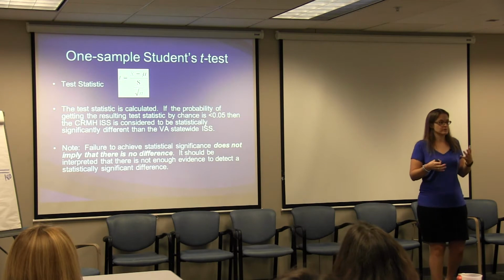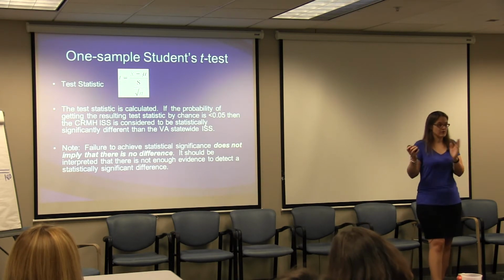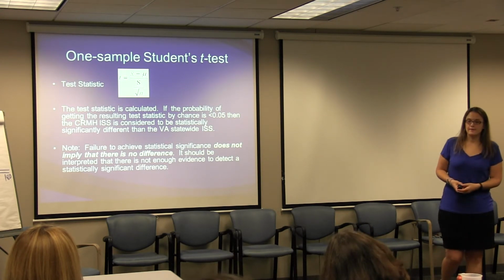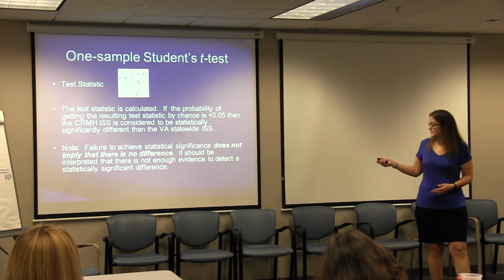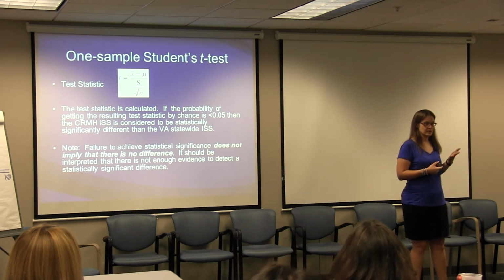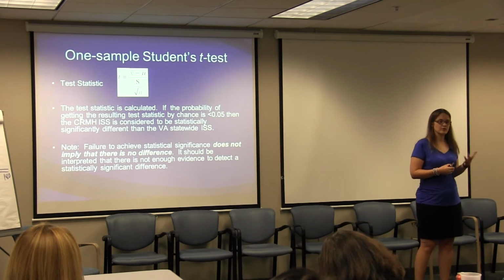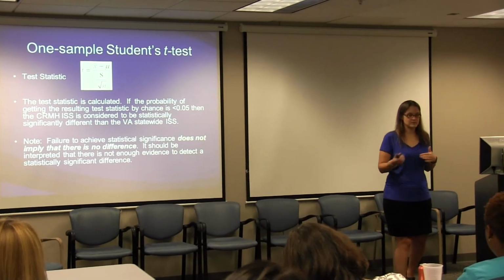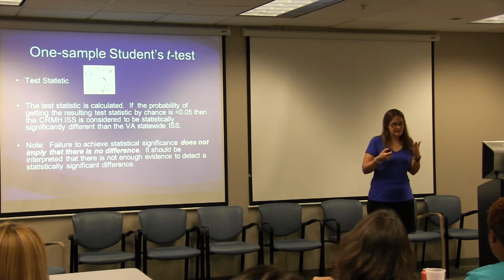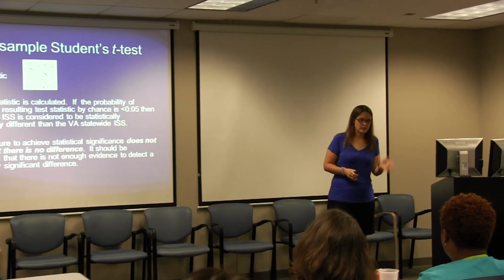It's due to a variable. Something about our motorcycle accidents down here is different than everybody else's in the state. So finding this 5 times out of 100 due to chance is kind of like saying we're okay with being wrong 5 times out of 100. If we say this is a real result, 5 times out of 100 we would be wrong, but we're okay with that. That's what that 0.05 means.